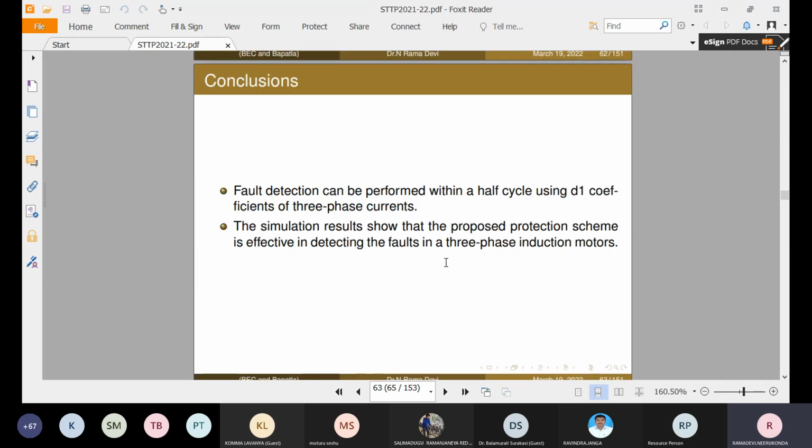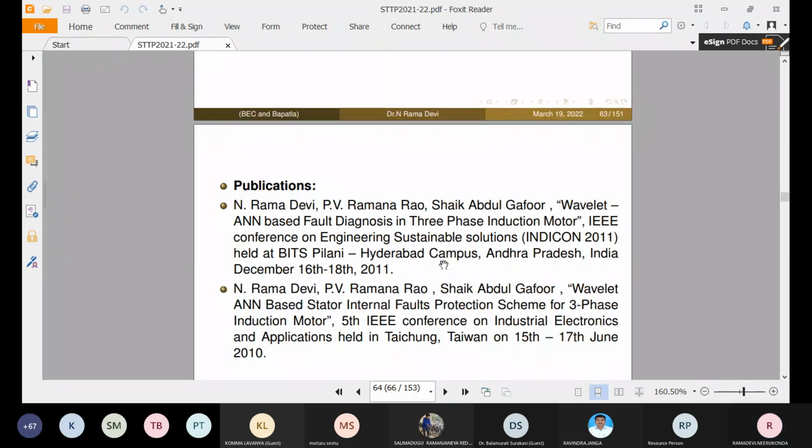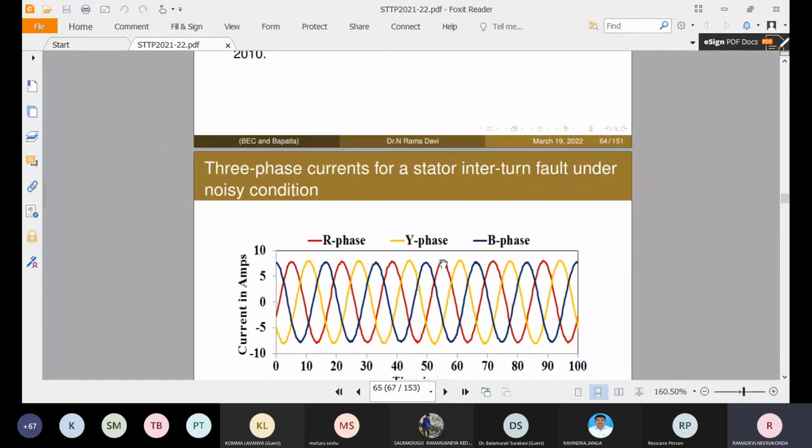All these things we observe with the help of simulation files only, but a practical signal we cannot take and process through this algorithm. Whenever we capture a signal, there is noise, so we introduce some noise into the simulated signal.